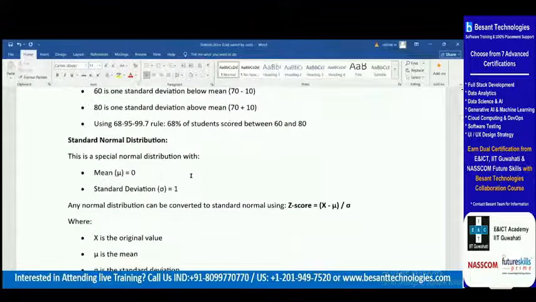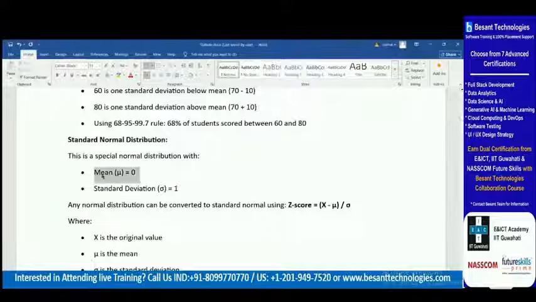Then I have to calculate the standard normal distribution. Always remember that for the standard normal distribution, your mean is going to be 0 and the standard deviation is equal to 1, since there is no toggle between left skewed and right skewed kind of data set.